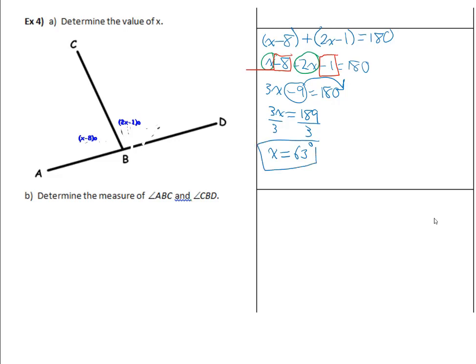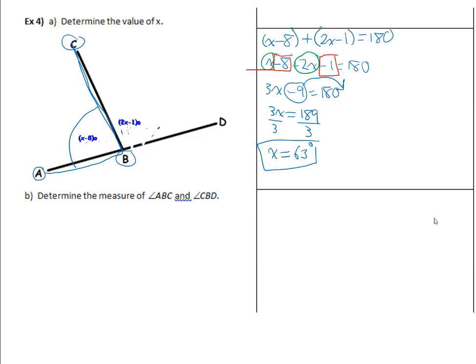That's the first part. The second part is asking us to find the measure of angle ABC. And what that actually means, okay, I do have blue. So I'm going to show this. A, B, C is labeled here. So A to B, B to C. So it wants us to find this angle in here first.